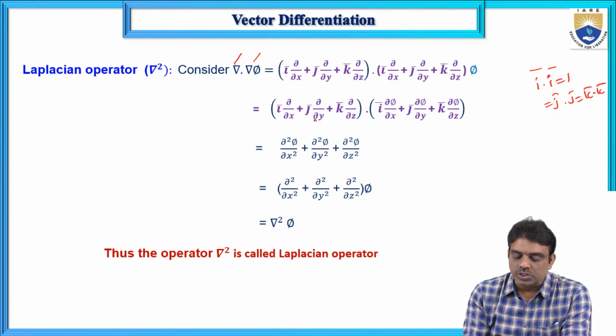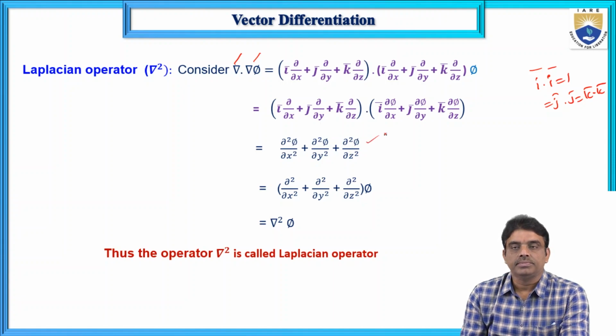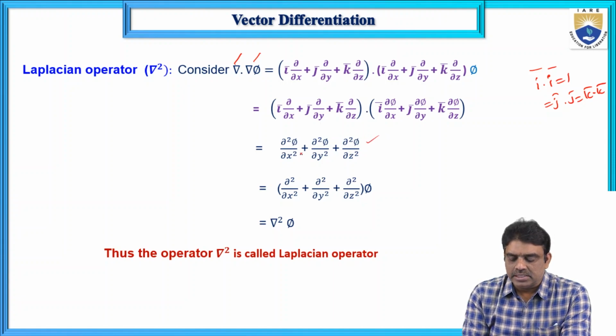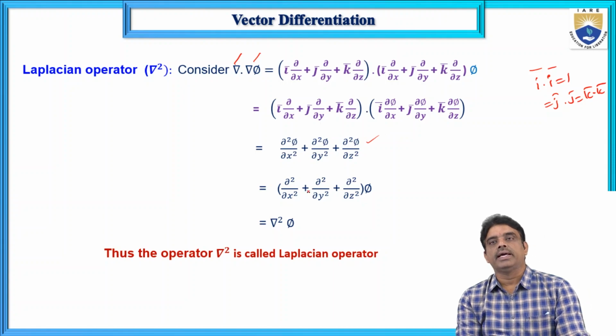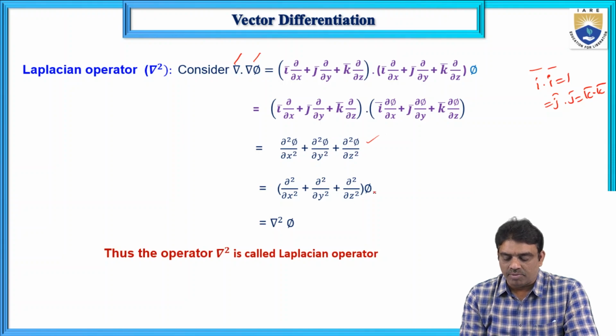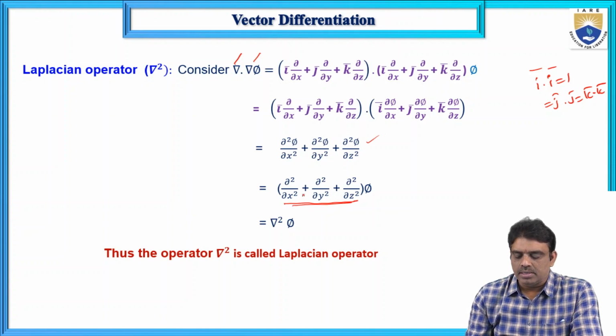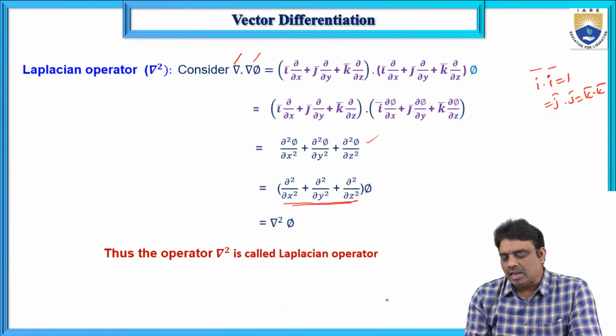Then we'll get dou square phi by dou x square plus dou square phi by dou y square plus dou square phi by dou z square. Or I can write this as dou square by dou x square plus dou square by dou y square plus dou square by dou z square of phi, and this I can write as del square. So this is called a scalar operator.